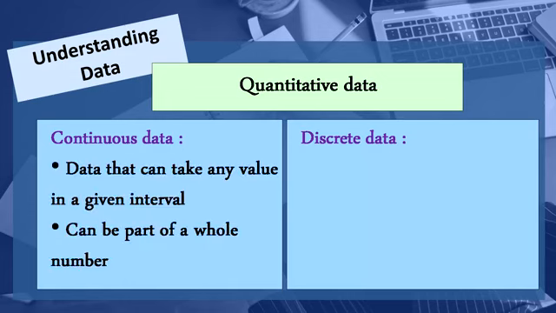So continuous data means the data that can take any value in a given interval. It's not a whole number, and it can take a fraction. For example, the number of hours spent with social media: 4 hours, 10 minutes, 35 seconds.